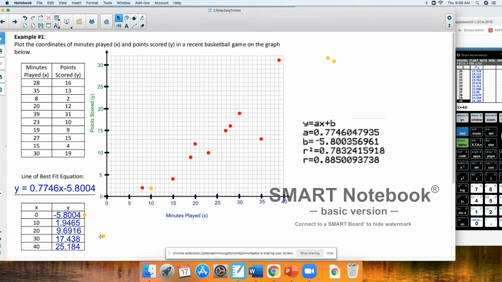So 2. Then we have 20 and about 10. So 20 and almost to 10. The next one is 30 and about 17. That is right there. And then the last one is 40 and about 25.